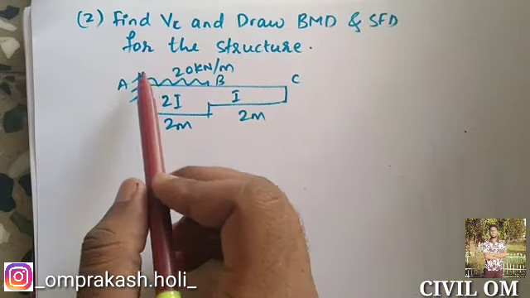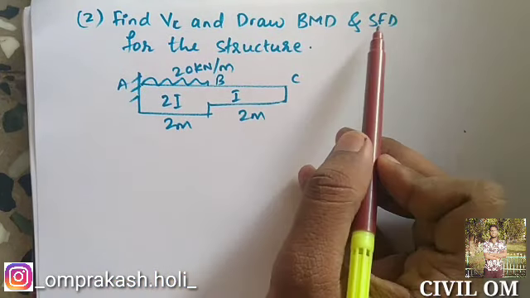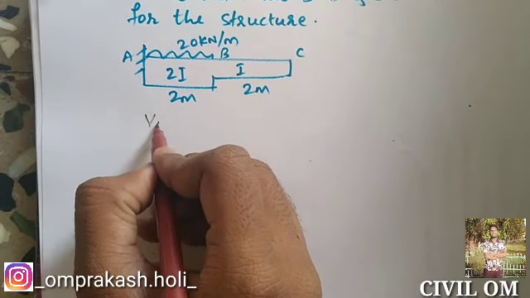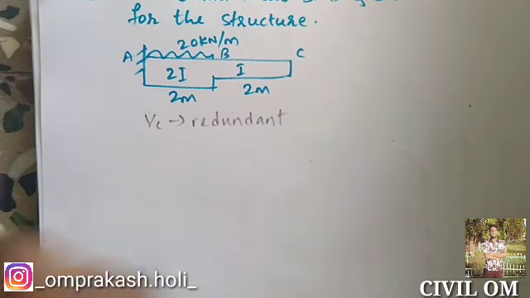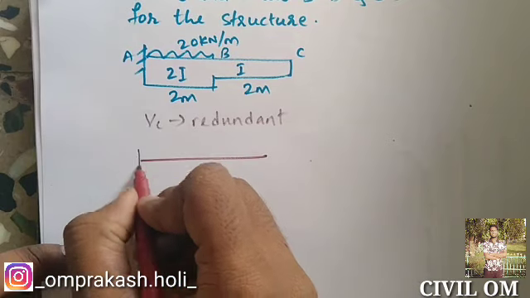So friends, let's get started with the second problem. The second problem goes, find VC and draw the BMD and SFD for the following structure. So now let us consider VC as redundant. After considering VC as redundant, we'll draw this diagram again.